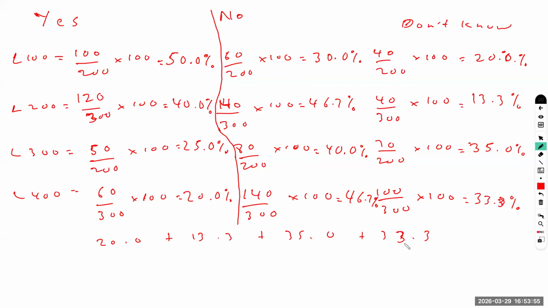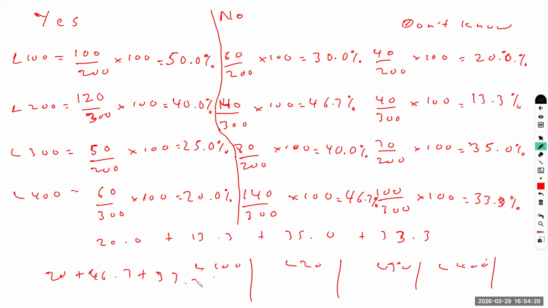Do you get what I'm trying to say? But that's not what we are doing. It's supposed to rather be level 100 total, level 200 total, level 300 total, level 400 total. So basically you're going to have 20 plus 46.7 plus 33.3.